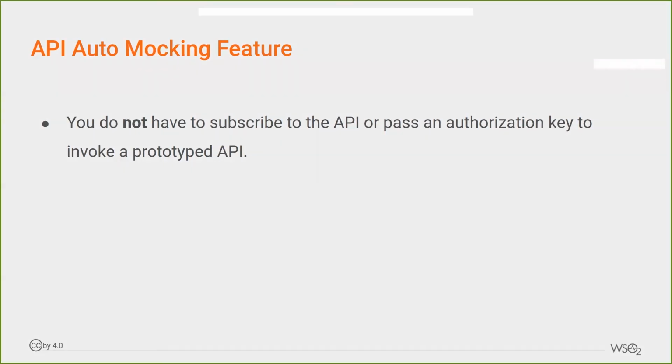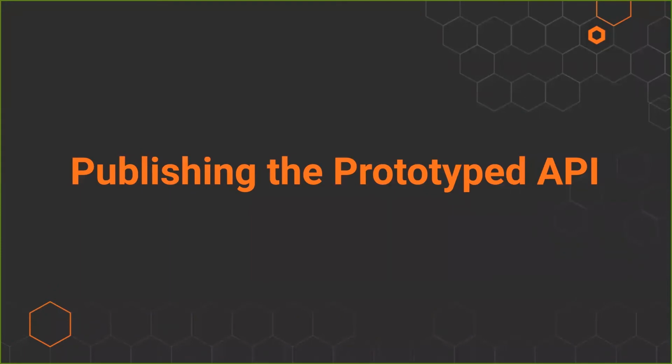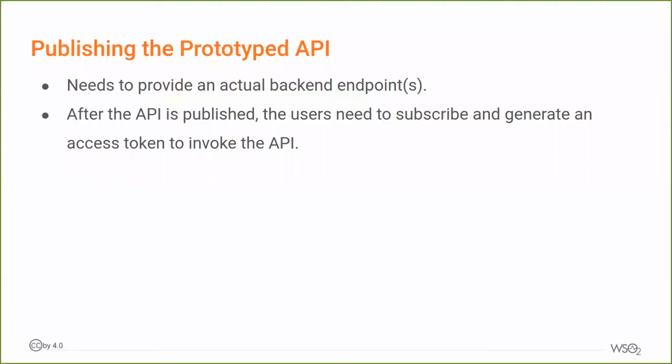Now let's see how to publish this prototyped API. When publishing the prototyped API, it needs an actual backend endpoint or endpoints. And after the API is published, the users need to subscribe and generate an access token to invoke the API.